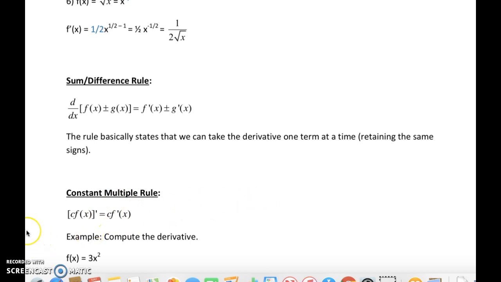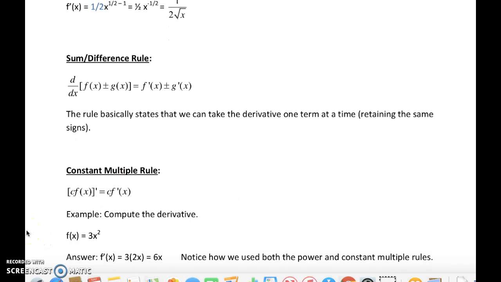So as an example, if we have f of x is equal to 3x squared, that means this 3 is not really a part of all of this. So really we're just taking the derivative of x squared. And when we take the derivative of x squared, we end up with 2x by our power rule. And we're going to multiply it by the 3, the constant that we didn't take advantage of.